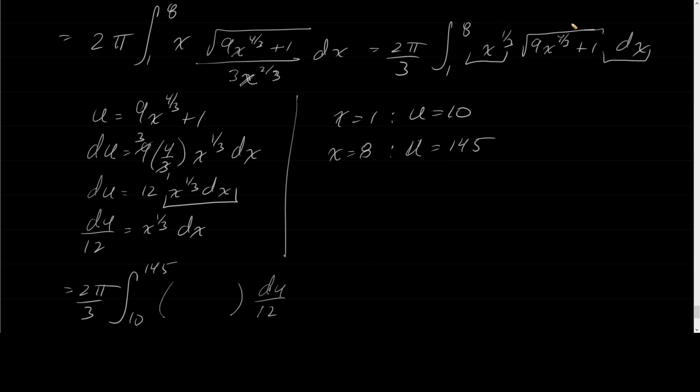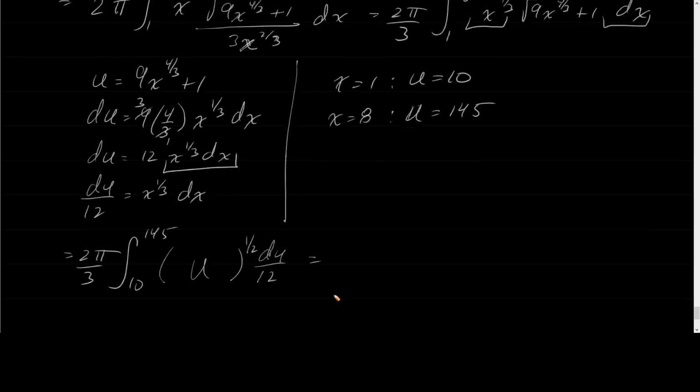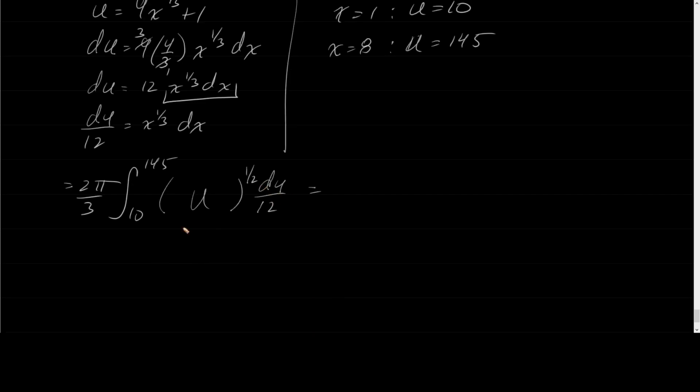And the inside of that radical is just our u, right? So bringing out that over 12 all the way out here, the 2 and the 12 reduce. The 12 becomes a 6. 6 times 3 is 18. So I have 18.